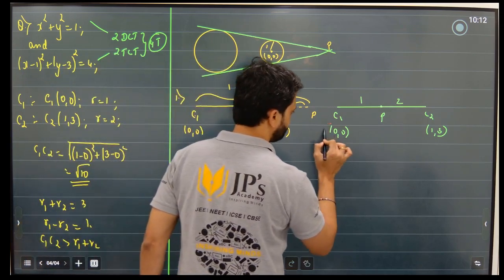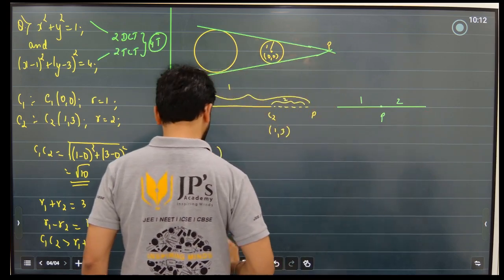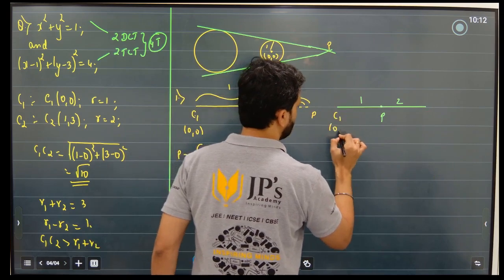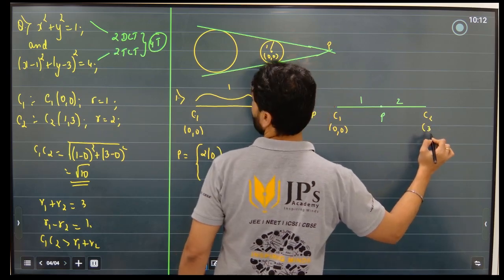उल्टा बना मैंने. ठीक है. C1 0,0, my mistake. C2 1,3.